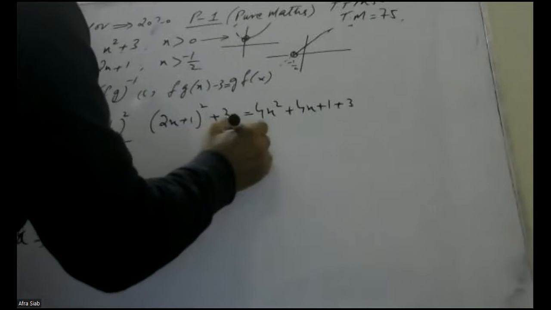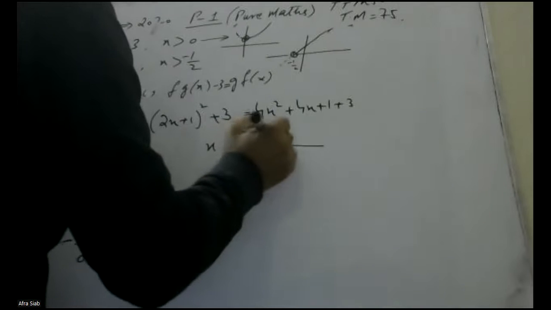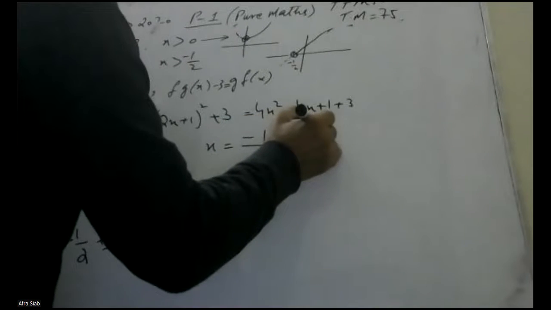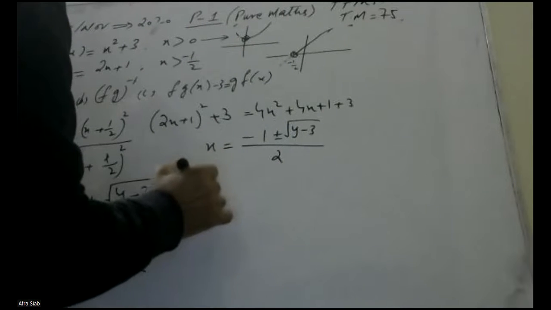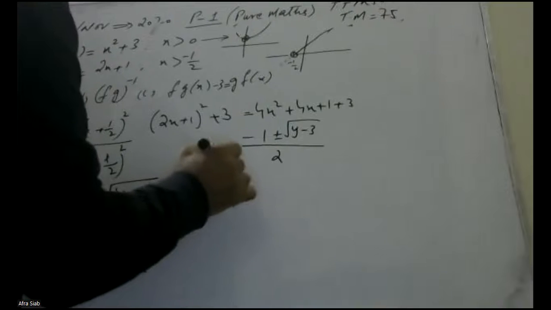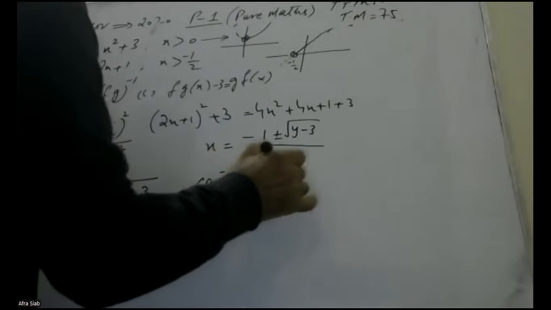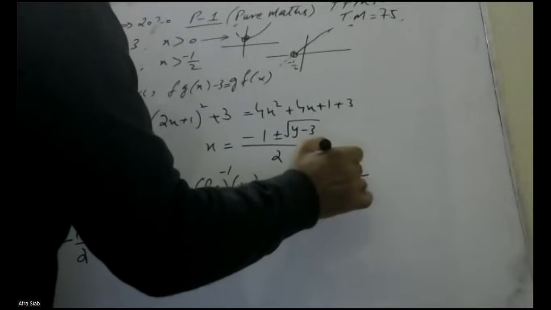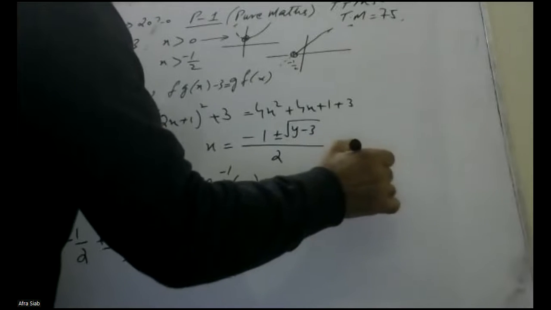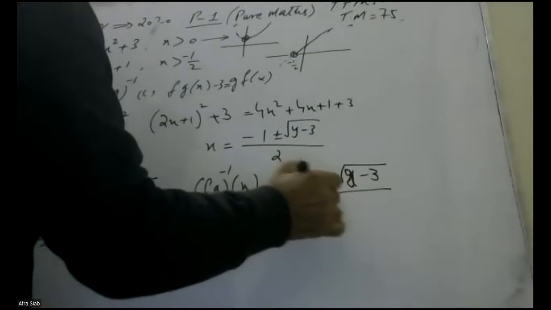That is equal to x is equal to minus 1 plus minus square root of y minus 3 over 2. Now, FG whole inverse of x is equal to minus 1 plus minus square root of x minus 3 over 2.